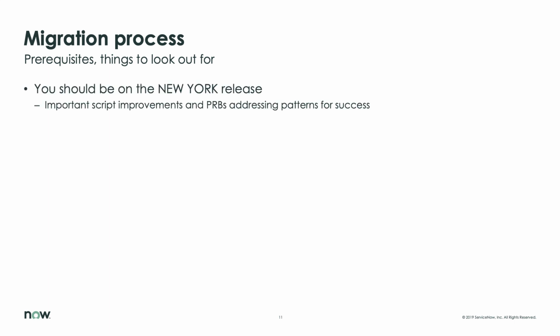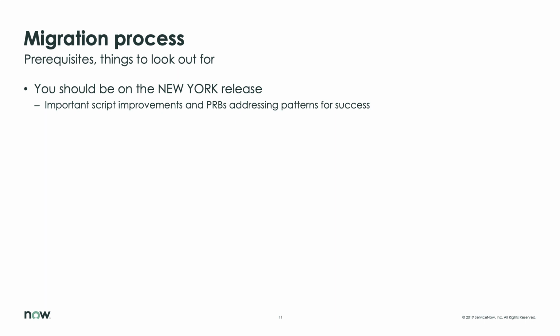Now, some of the things you need to look out for. You have to be on the New York release. There are a lot of script improvements, and there were a lot of PRBs, well, not a lot, 12, that were fixed that really address some broken pieces and set you up for success. If you went to K19, there was talk of backporting, but there is no longer any talk of backporting.